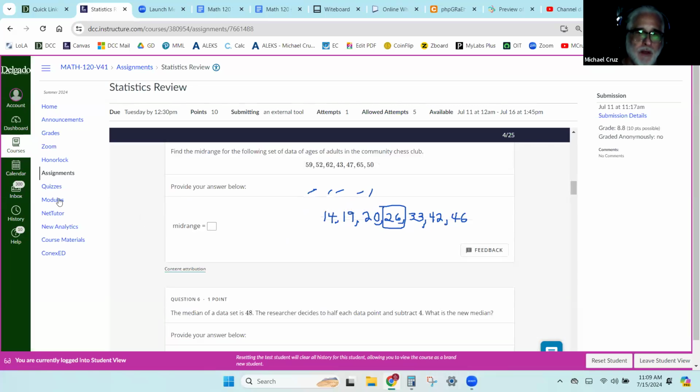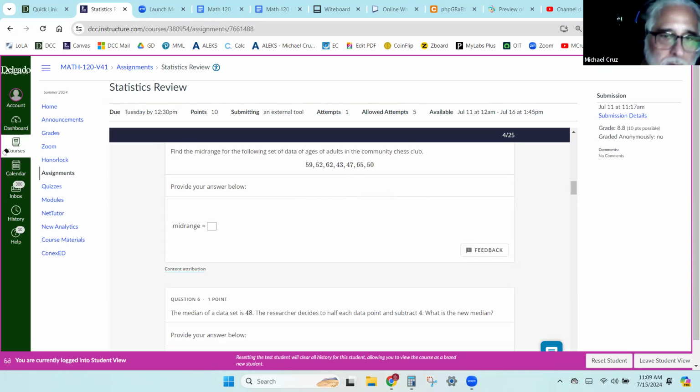The mid-range, not really all that important, but I did tell you about the midpoint when we were dealing with the frequency distributions and being able to calculate the mean. So it's the same calculation. We just got to find the high plus the low, and then we're going to divide by 2.